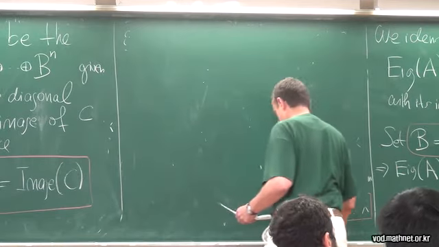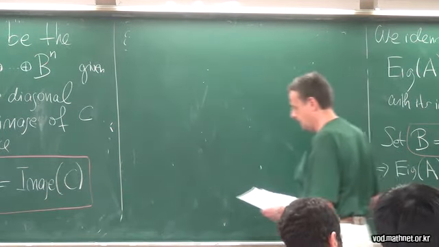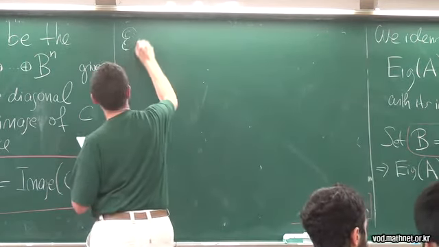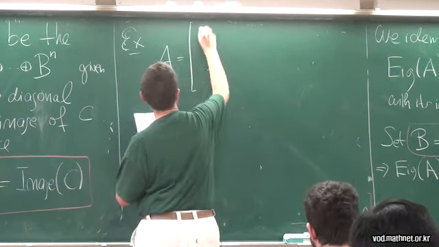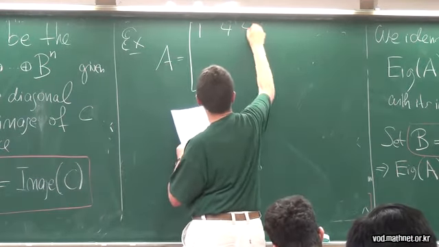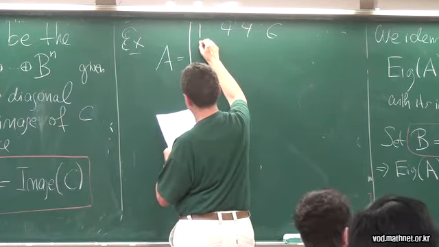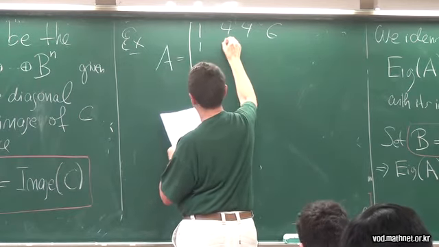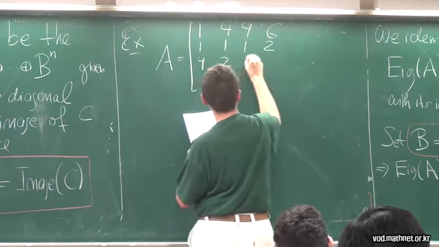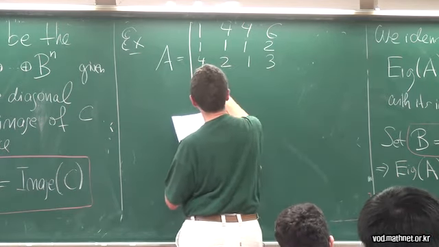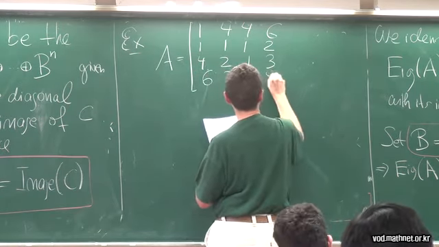Okay, let's do another example where the eigenspace is a little bit more interesting. So here's another one. Let's take A to be this matrix. 1, 4, 4, 6. 1, 1, 1, 2. 4, 2, 1, 3. 6, 3, 6, 4.